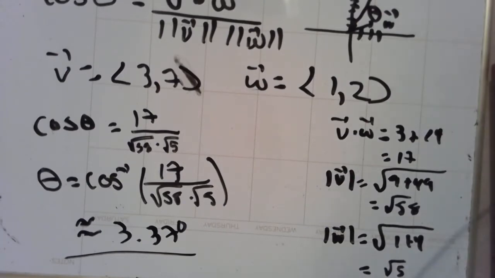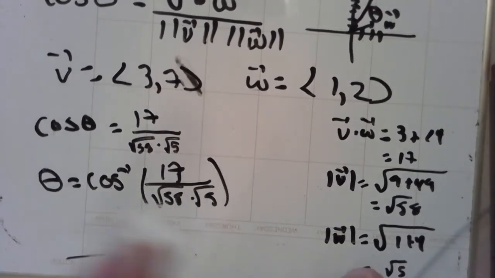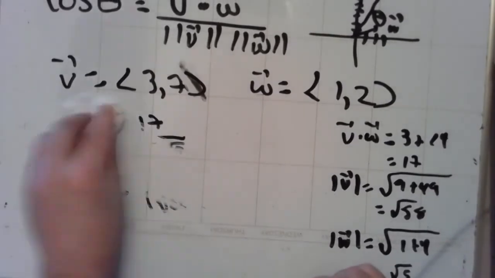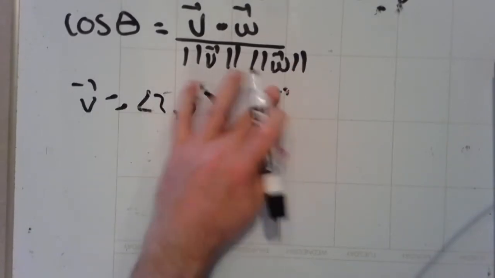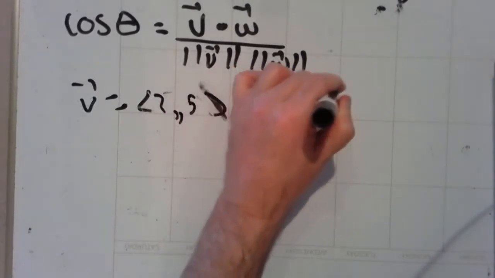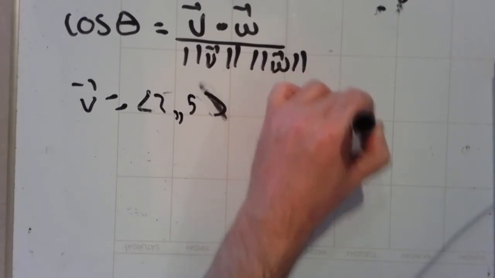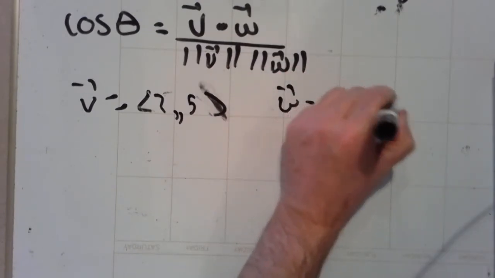Okay, let's do another one that will turn out to be a little easier. Let's find the angle between v equals 2, 5 and w equals -10, 4.